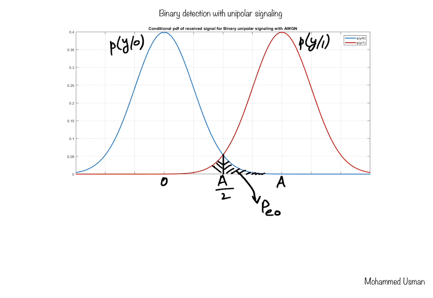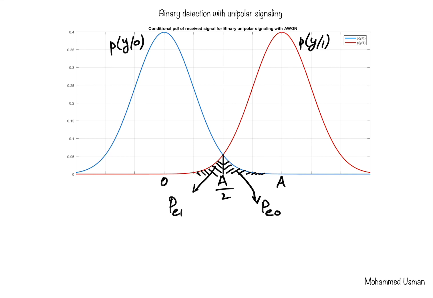So the area here to the left of the threshold, this area is the error probability when a 1 is transmitted. So we can see the error probabilities graphically in terms of the areas under the Gaussian PDFs.